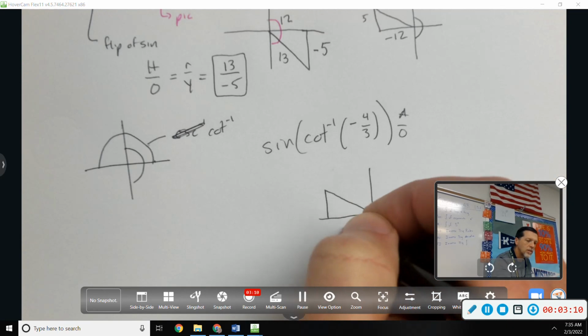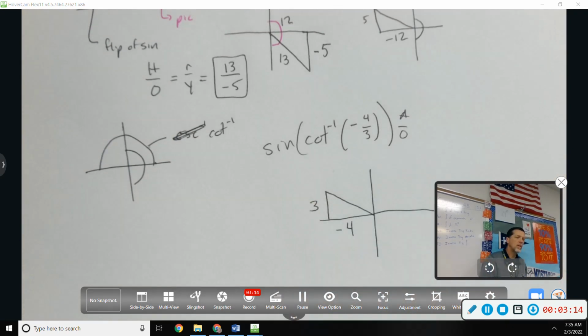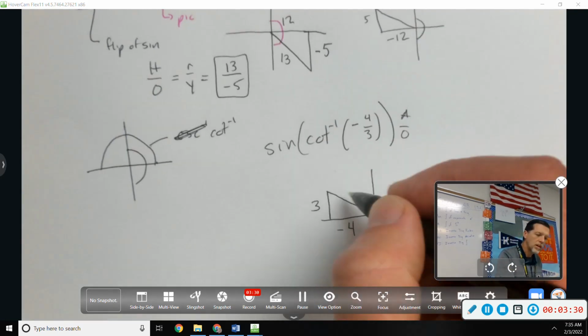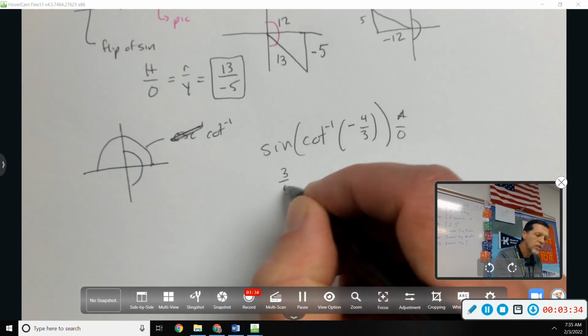Adjacent, opposite. Like that. Okay? So yes, you can always do the quickest, shortest, most sensible one, except for the negative cotangent is the only one that might throw you off on just going with whatever makes the most sense. Just to finish that problem, sine is opposite over hypotenuse, so 3/5.